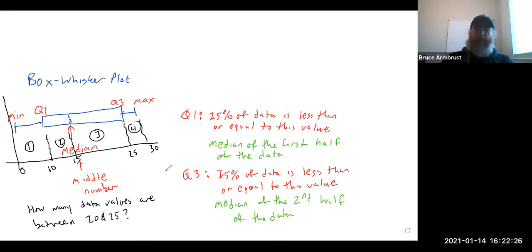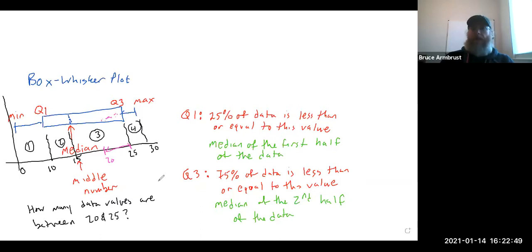If I had a list, I could literally go and count all the numbers. But here's what we know. If we look on this box and whisker plot and we look between 20 and 25. So here's 20 and here's 25, right? So I'm looking at how many data points we have between 20 and 25.